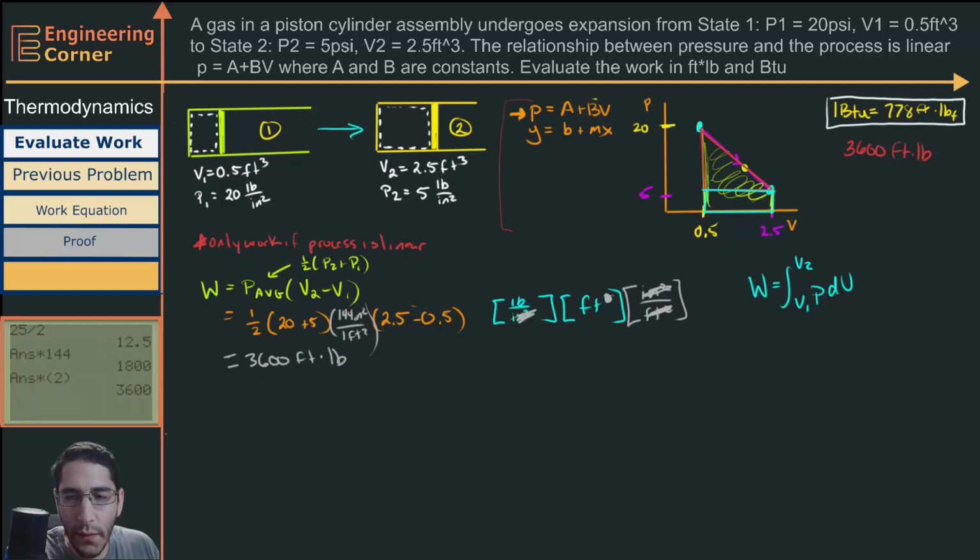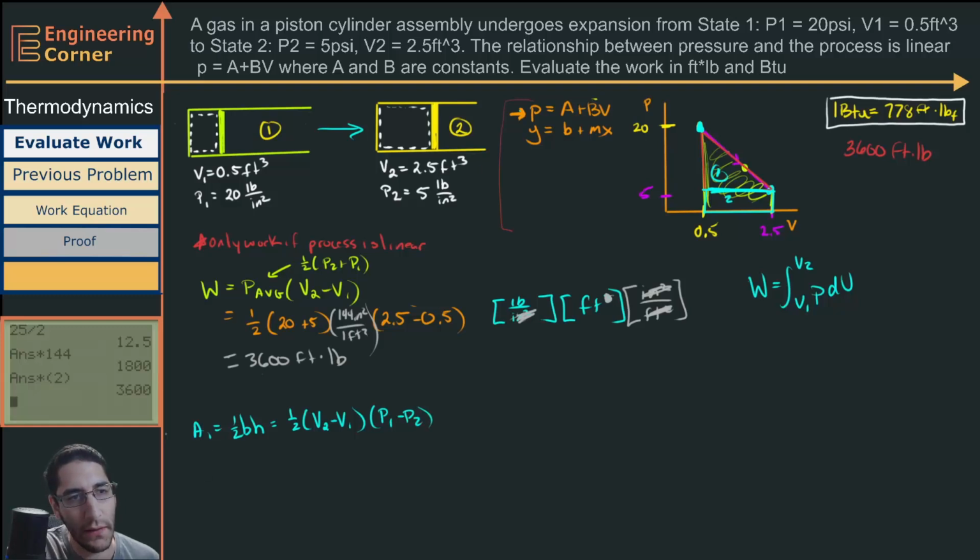Let's call them 1 and 2. The area of 1 is 1/2 base times height. Let's call the base the V direction, so this is 1/2 times V2 minus V1 times the height, which in this case is P1 minus P2.